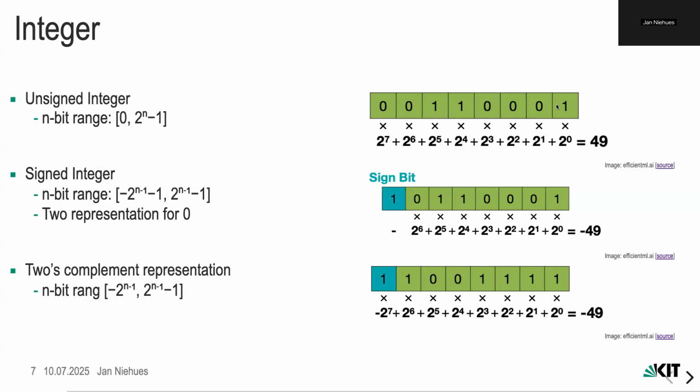As you all know from binary representation, you just assume that this array of binary values is a binary number, and that's why, for example, here you get the value of 49, because the 1 is here, there is the 16 and 32, and if you sum all of them up, it's 49.